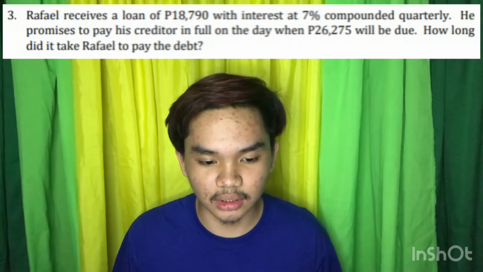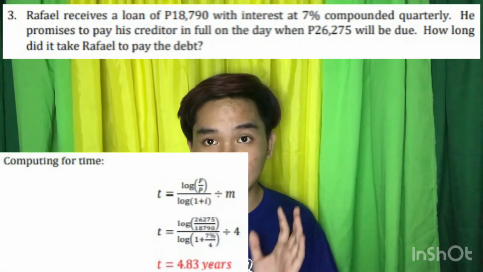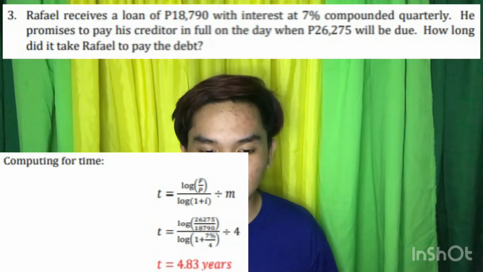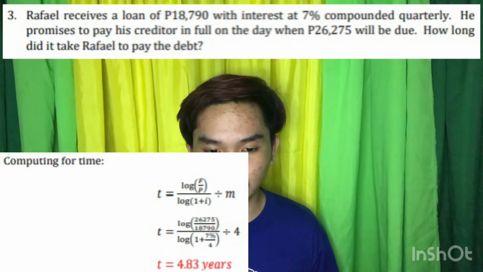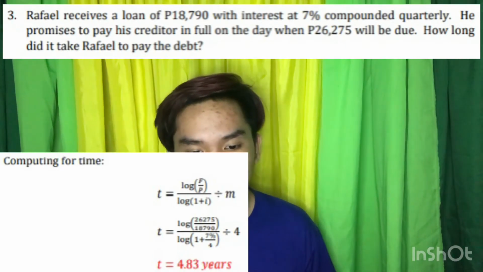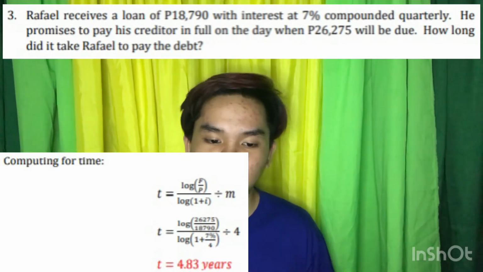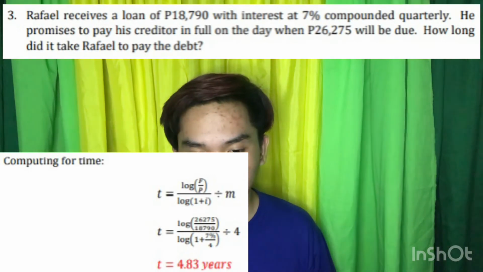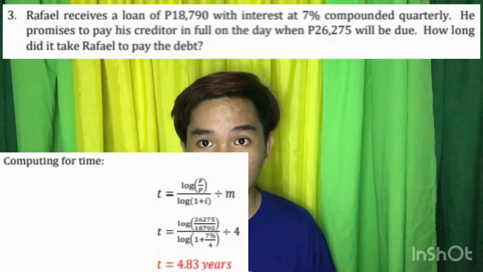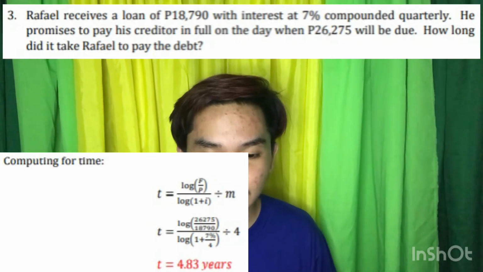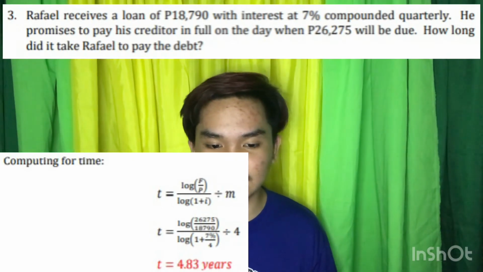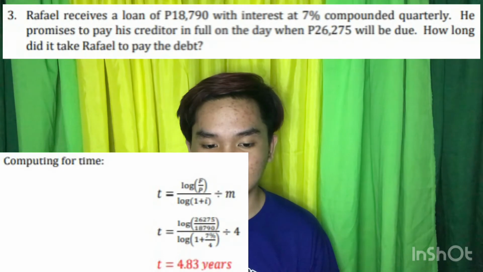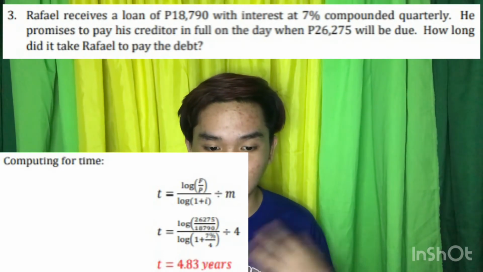Yan. So, dito, ang hinahanap naman ay yung time. So, as we compute for the time, gagamitin natin itong formulang ito. Ayan. So, meron tayo ditong log final amount over principal divided by log multiply to 1 plus interest rate divided by our M. So, ang value ng ating final amount will be 26,275 and our principal is 18,790 and we divide it to another log.